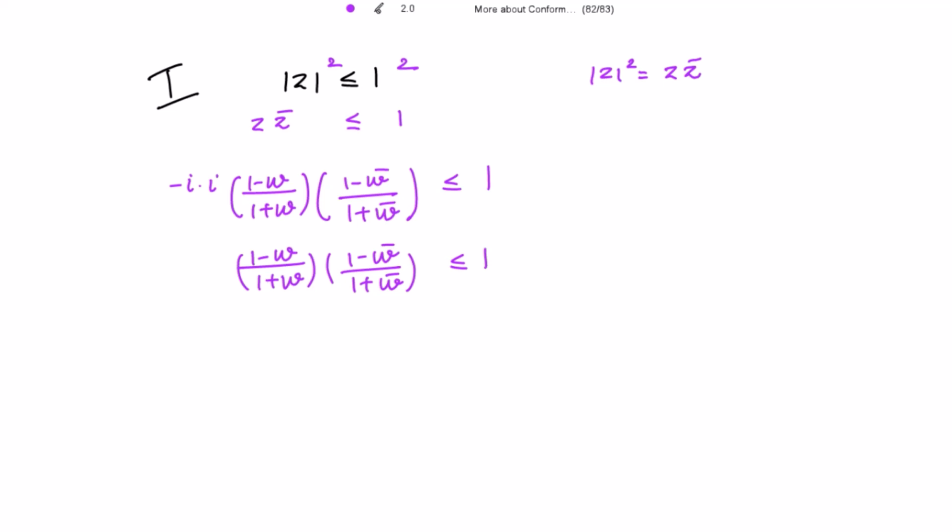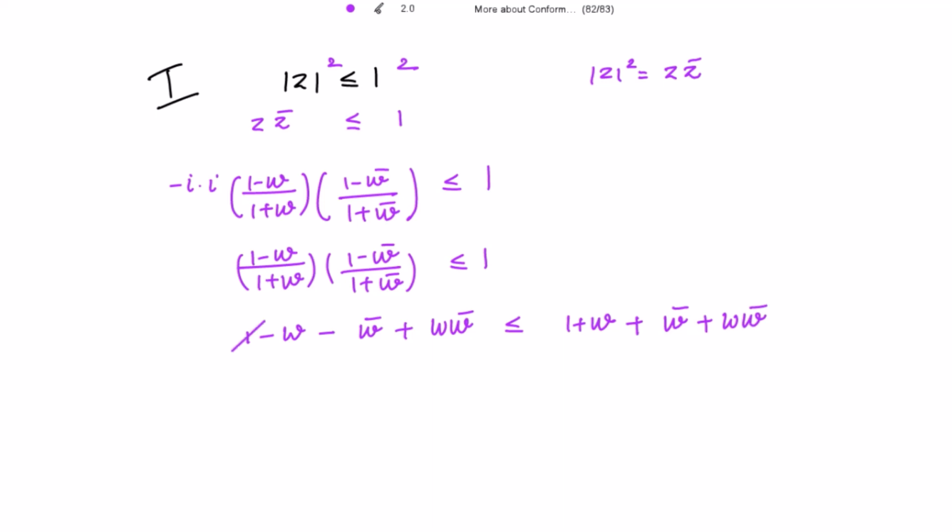Let's multiply the numerators. So we get 1 − w − w bar + w w bar. Let's take the denominator to the other side and multiply the denominators also. So we get 1 + w + w bar + w w bar.